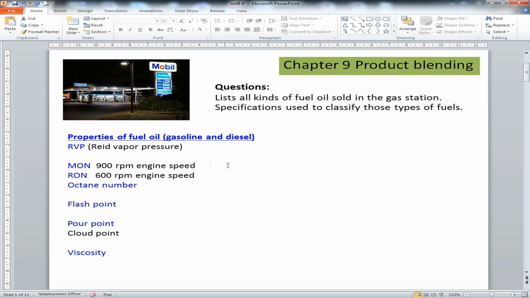So this number is more representative of the performance of gasoline when used in automotive vehicles operating under load, while the RON, research octane number, is obtained at a lower engine speed of 600 rpm.